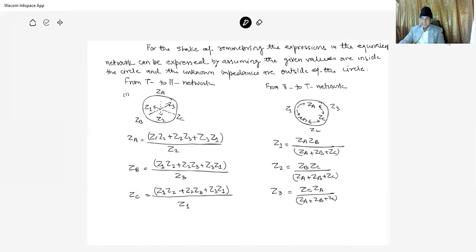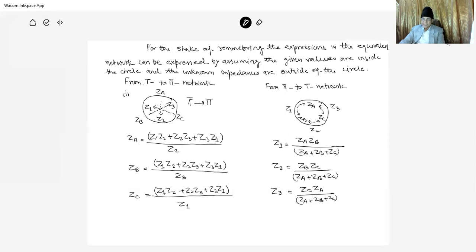Means inside, Z1, Z2, Z3 are given, means the T network is given. And you have to construct the pi network, from T to pi network. So we have to find the value of ZA, ZB, ZC for T to pi. The T is given, and we have to find the pi network, means we need ZA, ZB, and ZC.